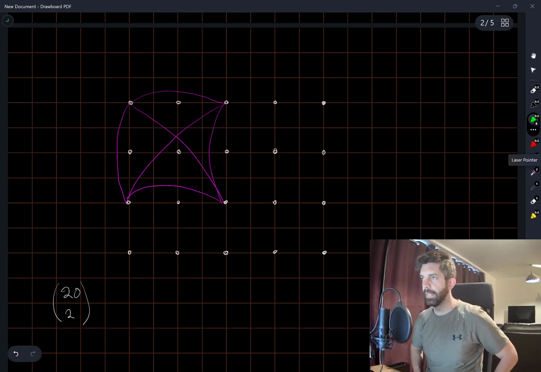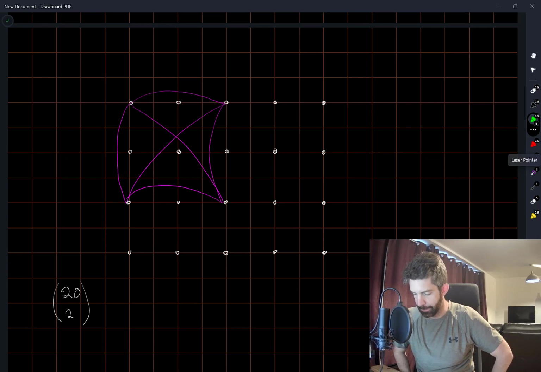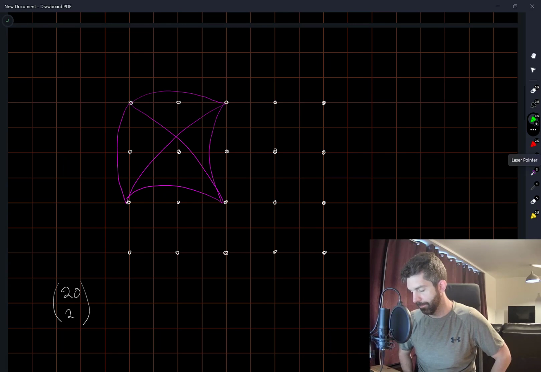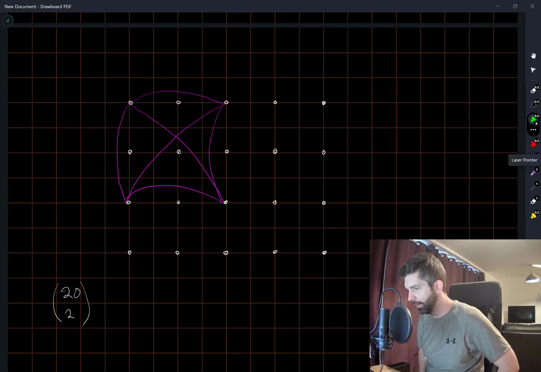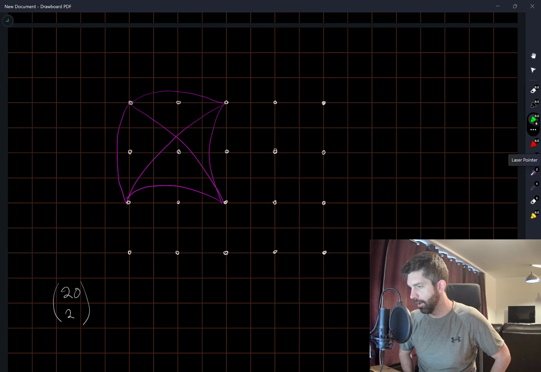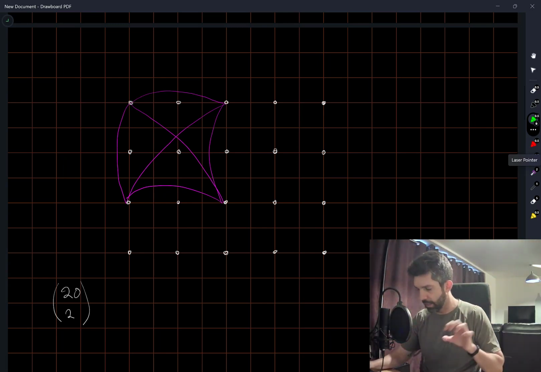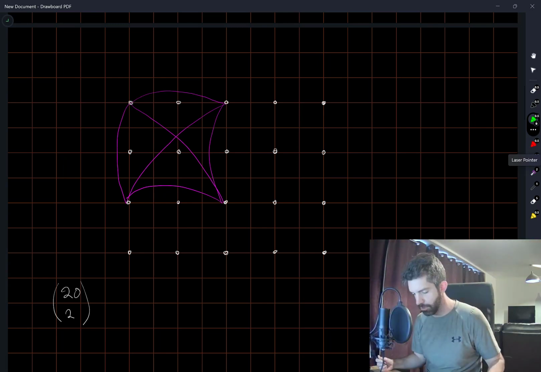So maybe this is a way of doing it: these points are all within a distance of 2 from each other in some kind of an infinity norm. So maybe what I do is count how many points satisfy this that are within some norm of each other, and then sort of work out the translations, and then do the same thing for a larger norm, right?